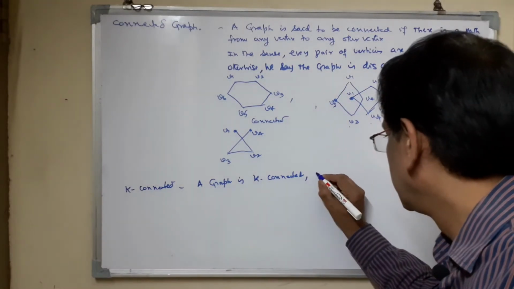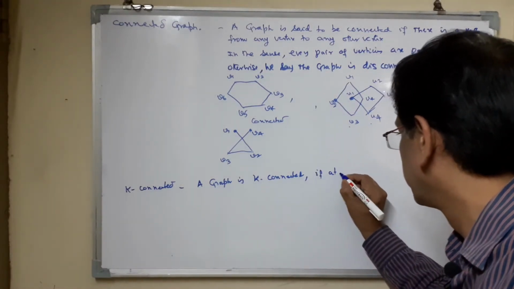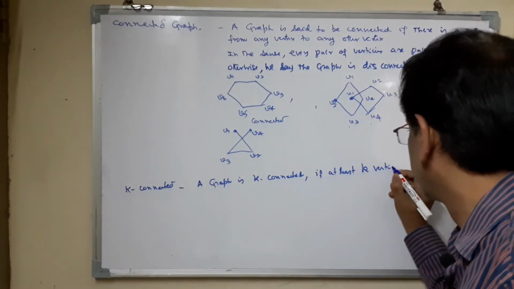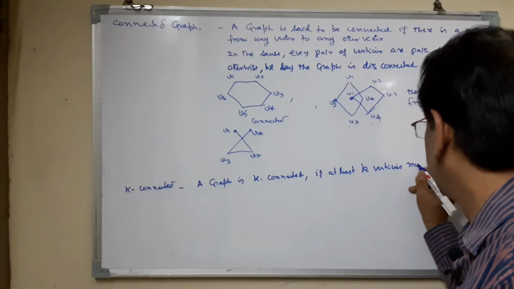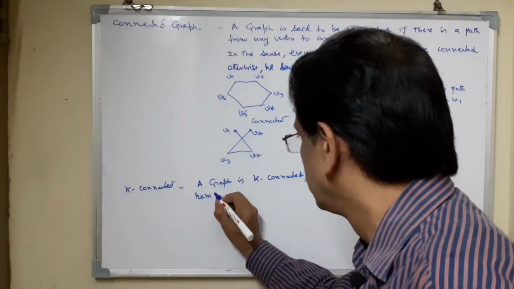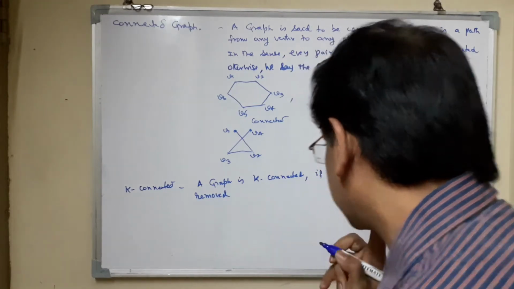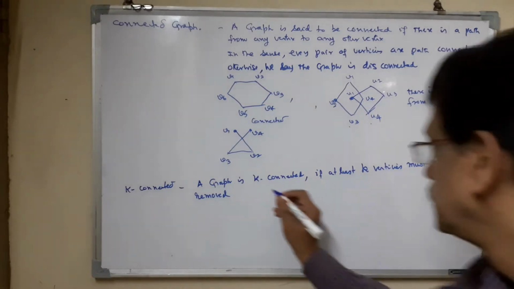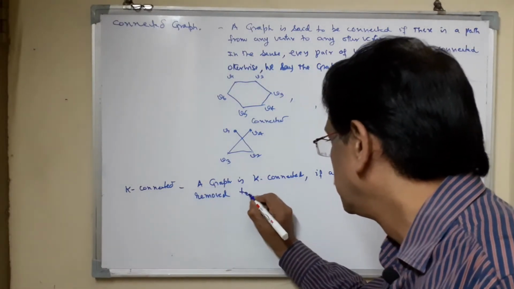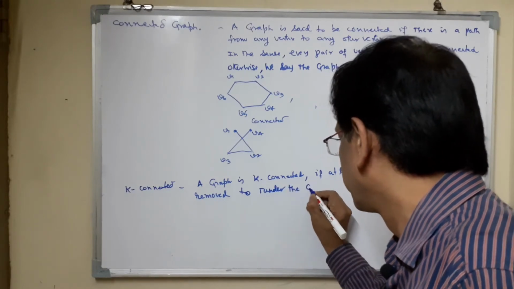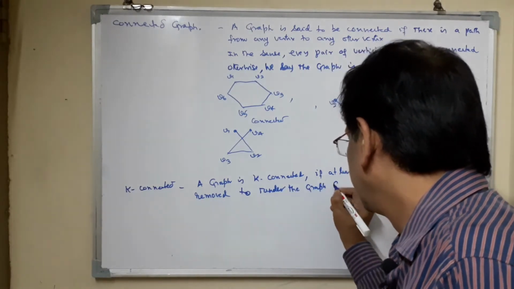K connected if at least K vertices must be removed to render the graph G disconnected.